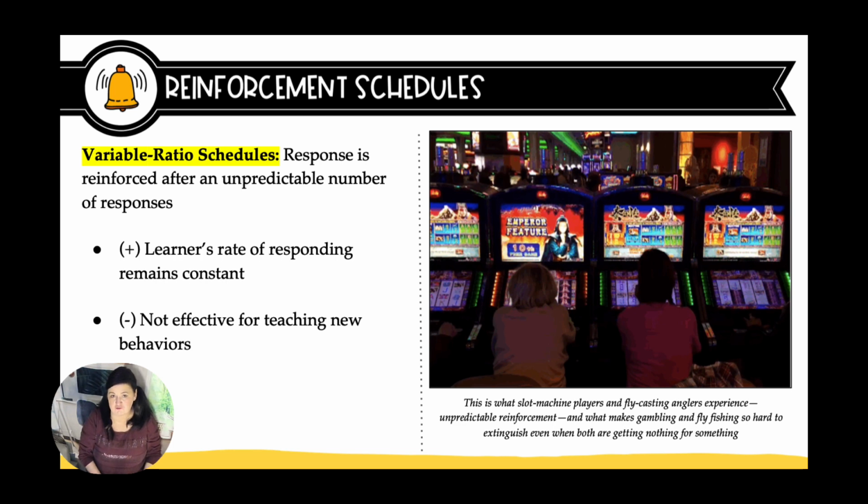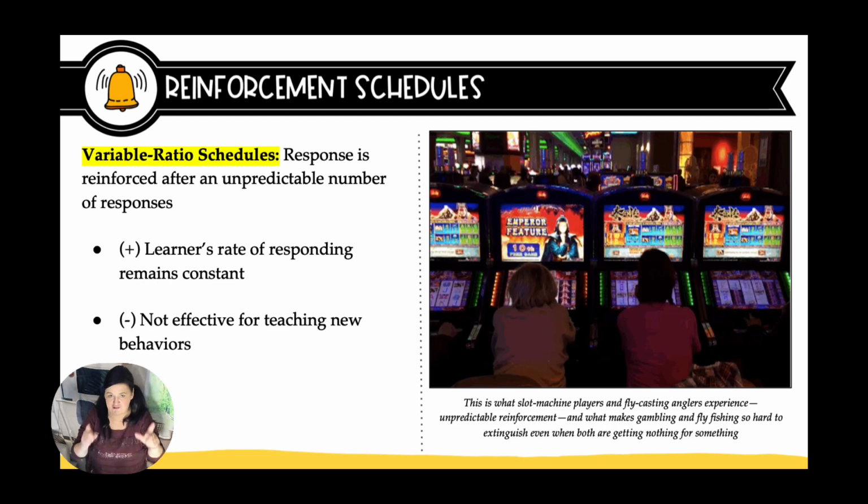The interval is reinforcing a response after an unpredicted amount of time. When you're fishing, for example, you don't know how many times you're going to put that pole or that hook into the water until you get a fish. It's unpredictable. If you're a stargazer looking into the sky with a telescope, you don't know when you're going to see a shooting star.